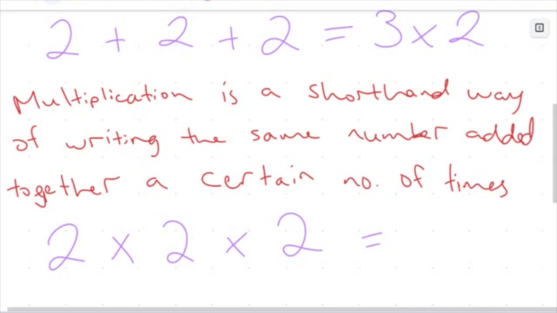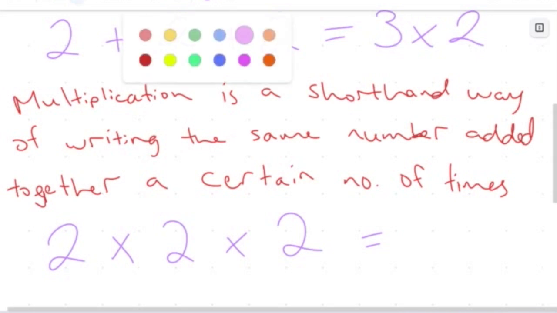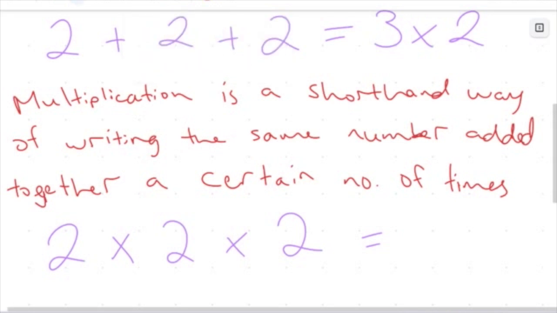So all we're going to do here is look at the base. What's the base? Well, the base is just the number that is being multiplied. So here we can see we have all 2s, so my base here is going to be 2. And we want to count how many 2s I have here multiplying by each other.